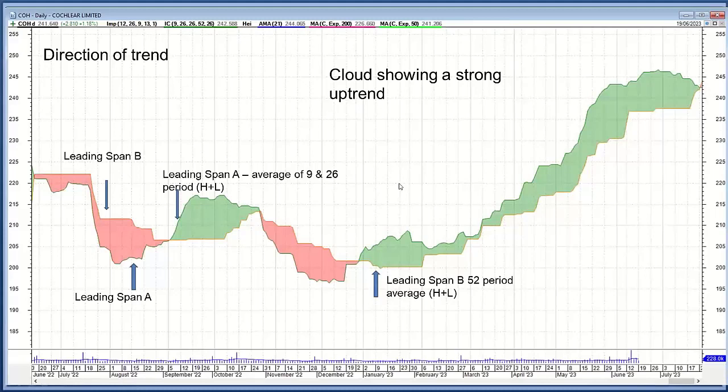So if you see that green cloud rising and going further up, it's really an indication. I know sometimes the price can close back through the cloud, but generally it gives you a pretty good idea that you're in an uptrend just looking at the shape of the clouds themselves. So I think looking at the red and green clouds is very relevant.